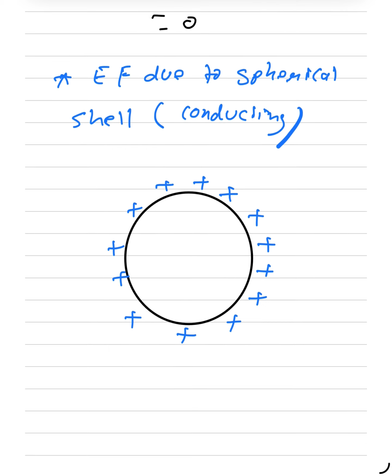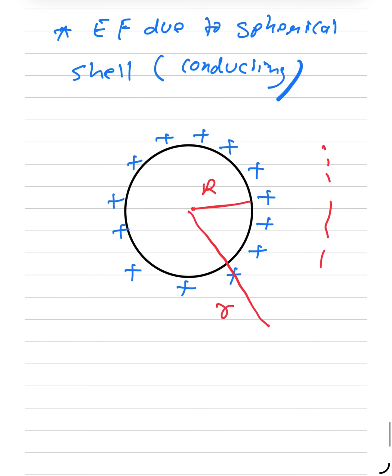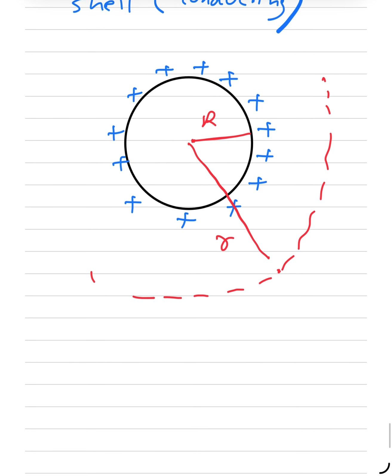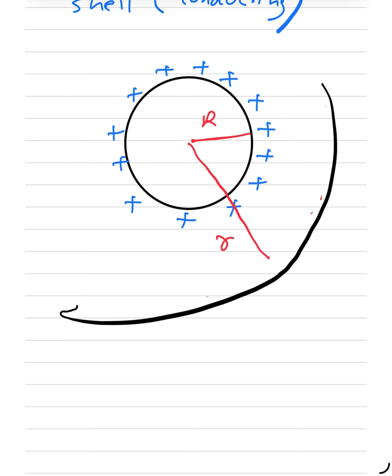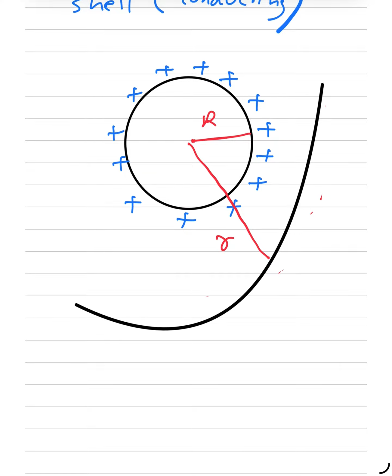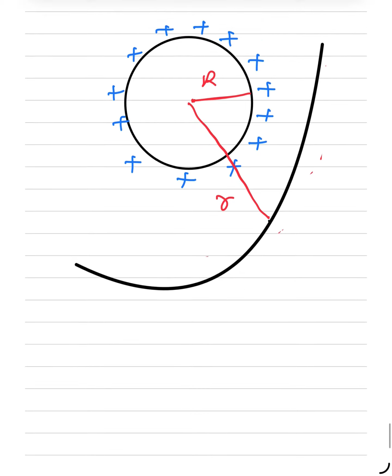Initially we calculate the electric field outside of the charged surface. This is the radius capital R and this is a small r, and we want to calculate the electric field at this point in this region.